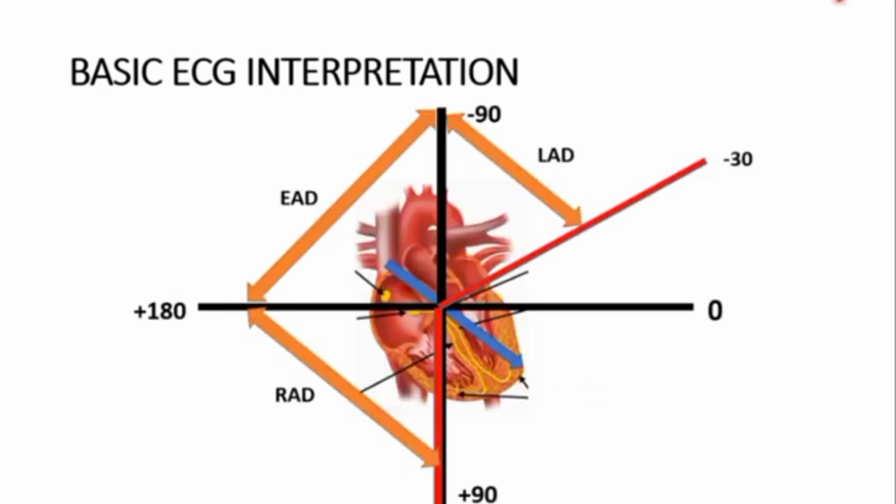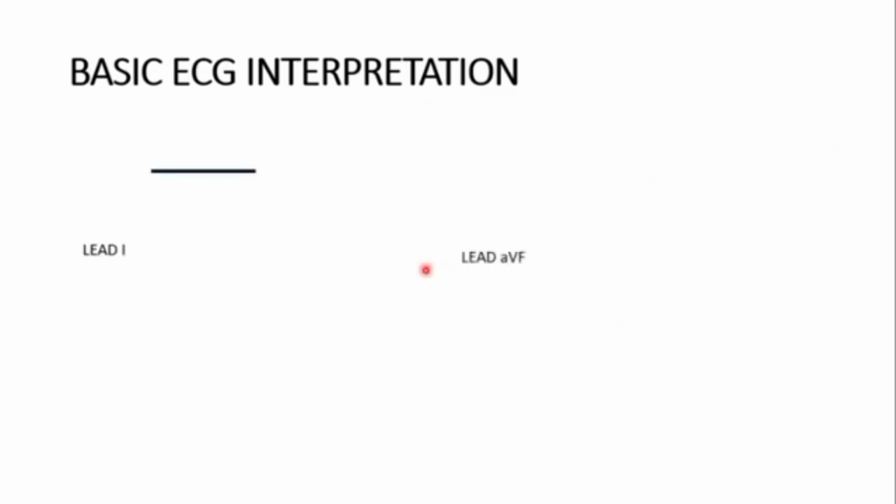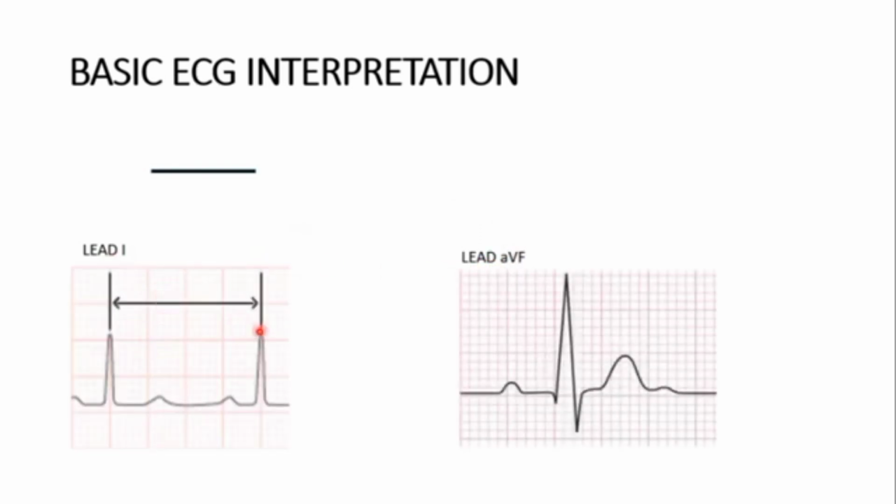Now let's see how to determine the axis. All you have to do is look at these two leads, lead 1 and aVF, the foot lead. What you have to do is calculate the amplitude. Amplitude means, in this direction, calculate how many boxes there are. In this wave, there are almost 9 small boxes.